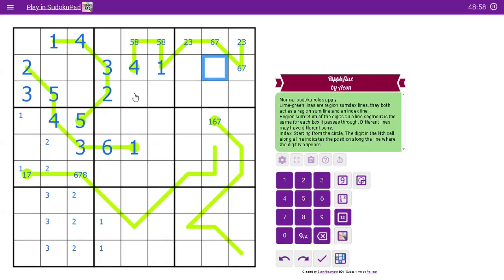Now, what else do we do? 1, 2, 3, 4. So this is a 6, 7, or 9, and this, well, it's not a 6. So it is a 7 or a 9. This is a 6, 7, or 9 by Sudoku. So the 6 is definitely in one of these two.